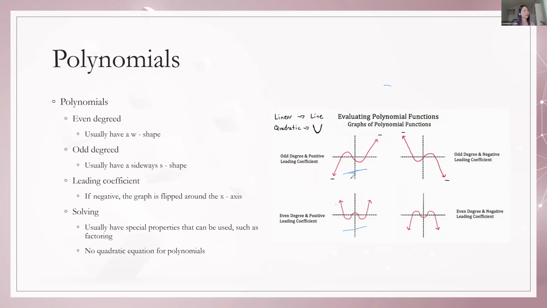Usually if you're asked to solve a higher degree polynomial, there's something special about it, like it can be factored easily, or it's a product of two easily findable smaller quadratics. But you can't just find the roots directly.